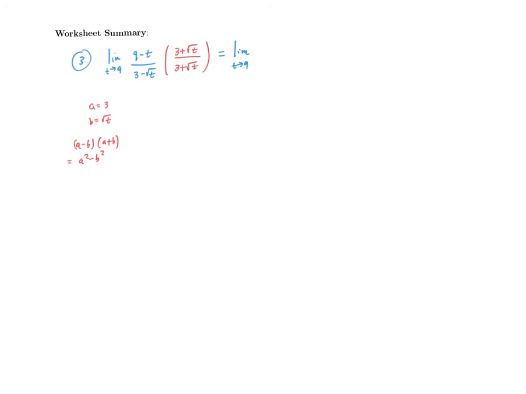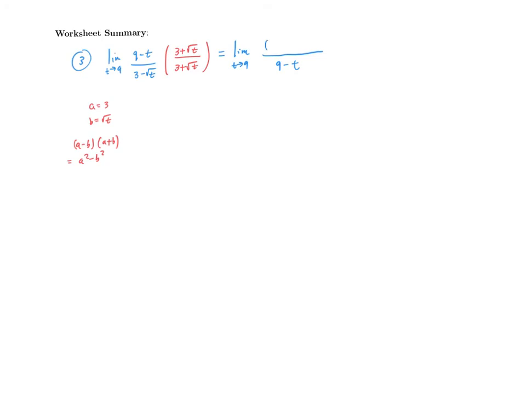So we have the limit as t approaches 9. Note, in the denominator we have a difference of squares, so that would be a squared minus the square root of t squared. This works out very nicely with the square root portion, because when you square it, that troublesome square root disappears.